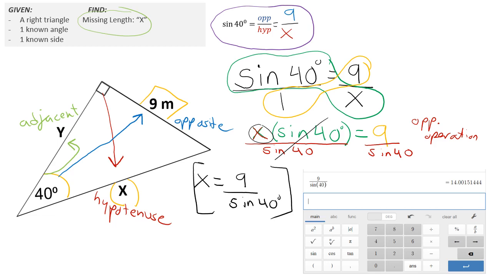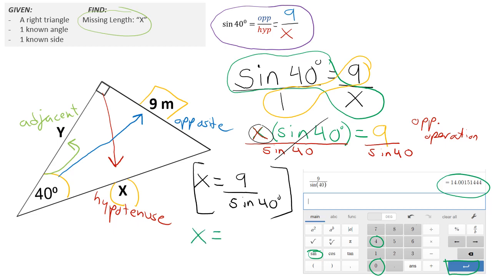Let's plug it into our calculator. Well, first, just 9 divided, and then I'm going to type in the sine of 40, enter, and that's going to give us that answer right there.